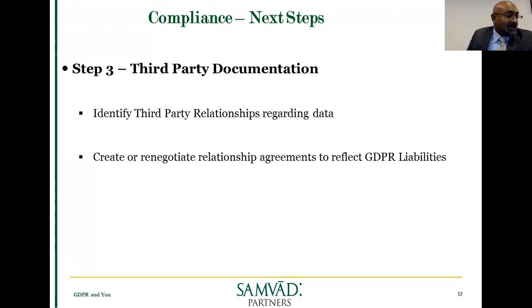By which I mean, as has been mentioned earlier, it's only possible for a controller to use a processor who provides sufficient guarantees to implement GDPR requirements. If a processor does not provide those sufficient guarantees, the GDPR does not permit the controller to use them.